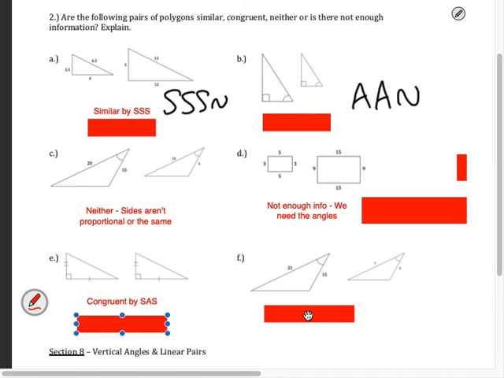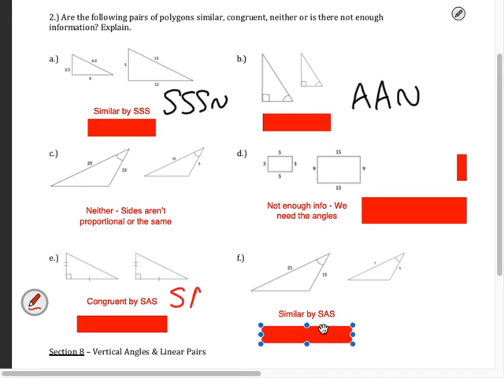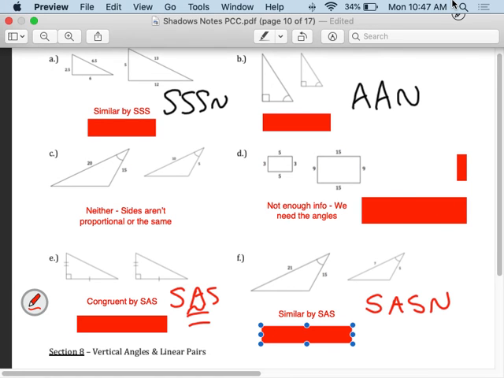This is side angle side setup again, and similar. These numbers are the same scale factor. So again, on your paper, you can write side angle side congruent on E, and on F, you could write side angle side similar. So this concludes your notes for section 7.